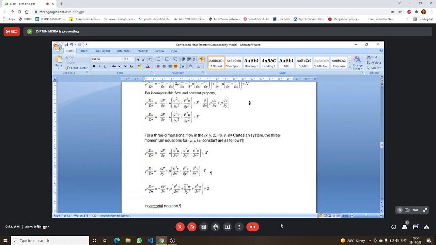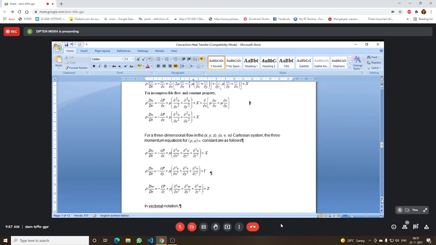Along the z direction, it will be acting on the z component of velocity. This pressure gradient term will be with respect to del p del z, and this represents the acceleration in the x direction multiplied by the mass per unit volume of the control volume. And this is the body force along the z direction.